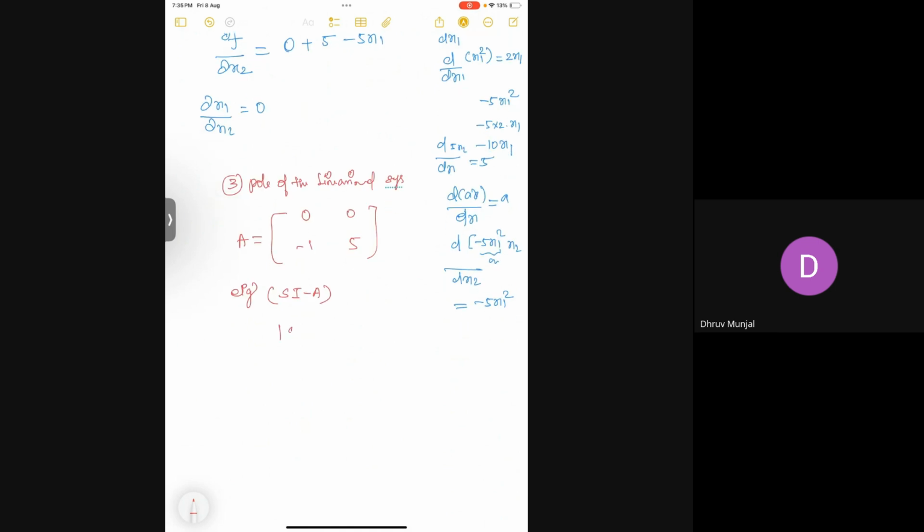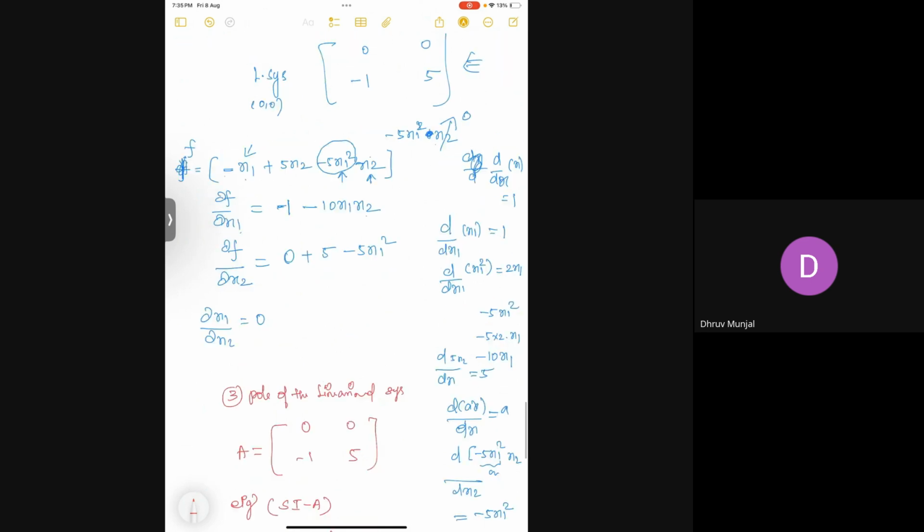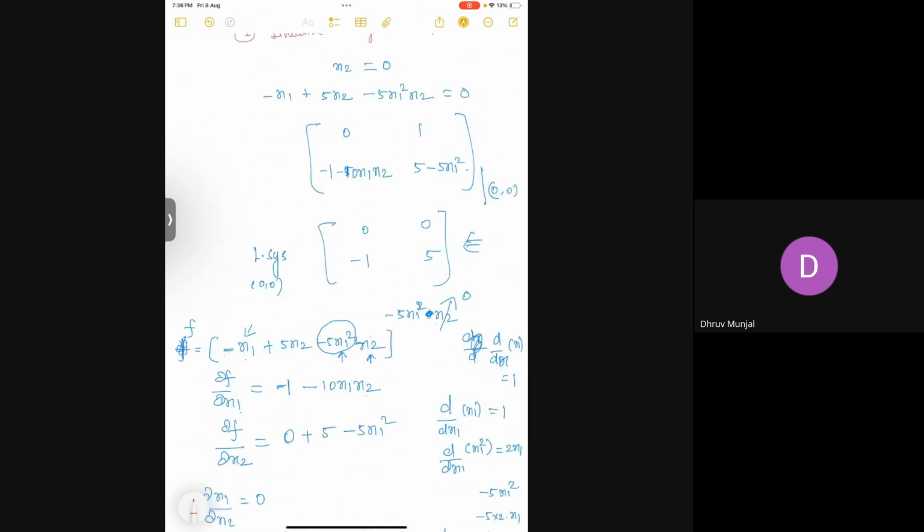Now if I find the determinant of sI minus A, this will be 0. sI minus A would be s, 0, minus 1 will be 1, s minus 5. If I take the equation s square minus 5s plus 0... Oh, okay, I think I made a mistake. 1 is there, no?